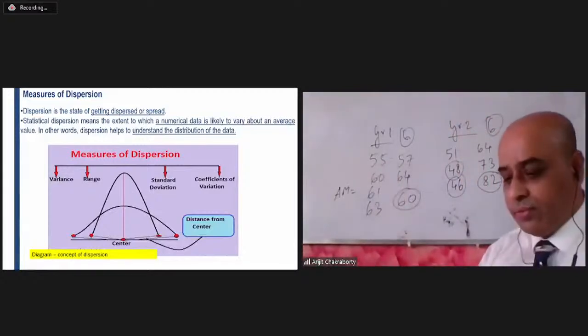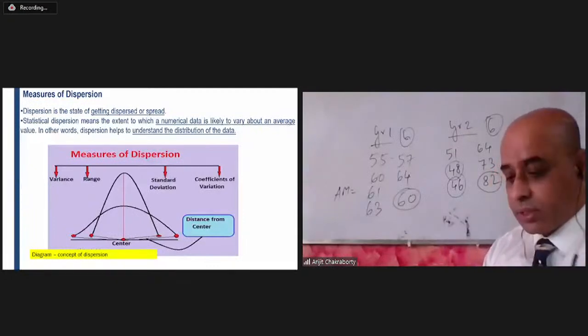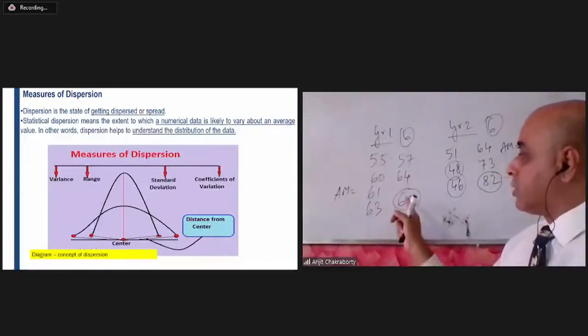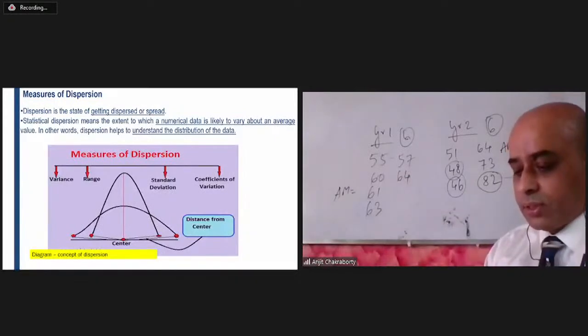So here 55 plus 60 plus 61 plus 63 plus 64 and 57, divided by 6.